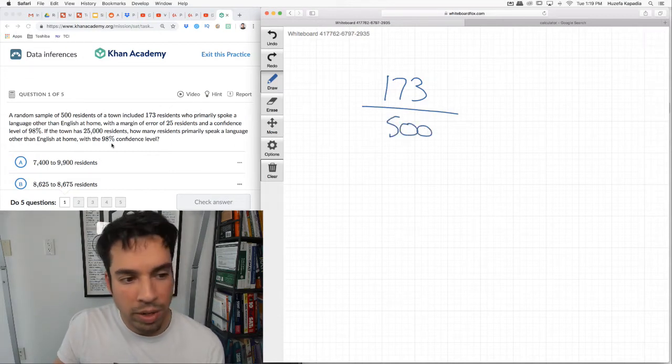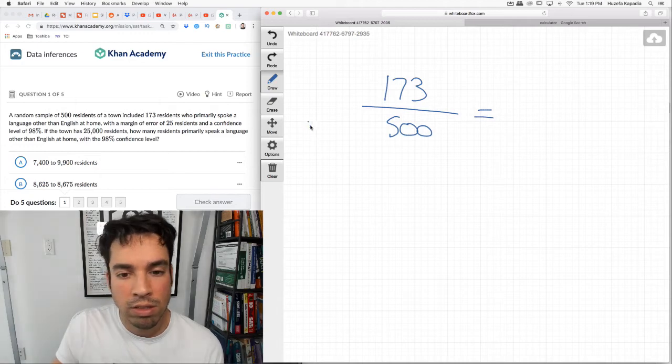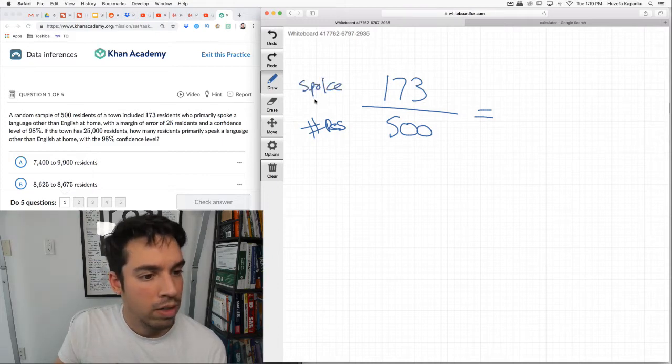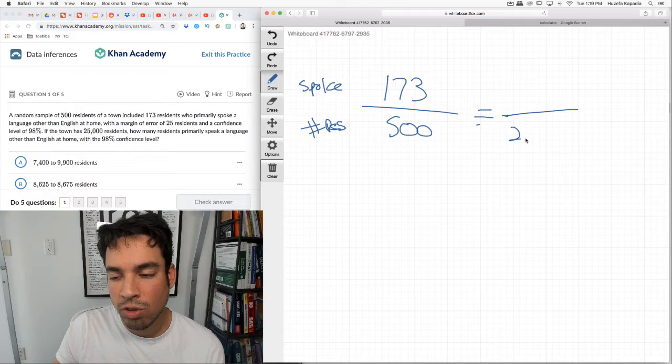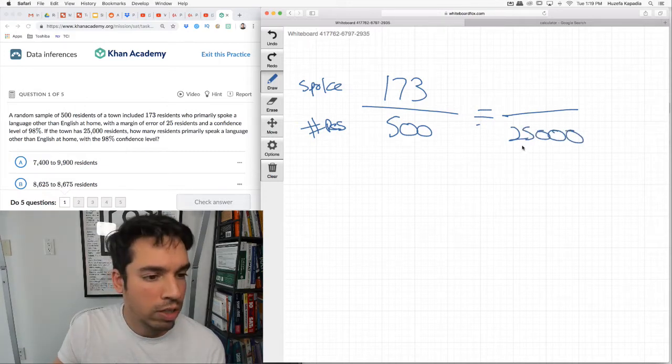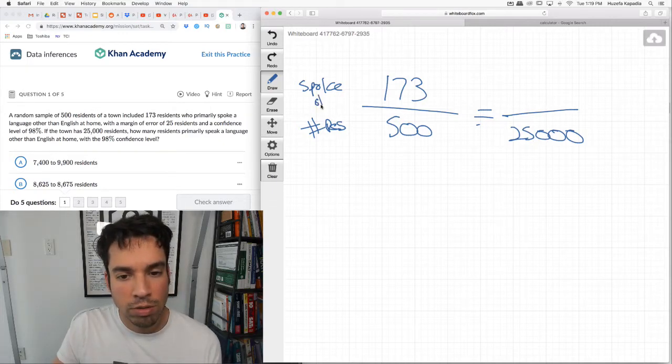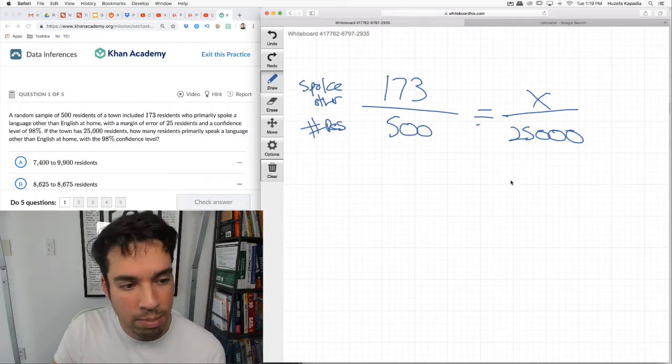This is a calculator, by the way. If the town has 25,000 total residents, I'm immediately setting up a ratio like this. How many residents primarily speak a language other than English? So this is spoke other, right? And that's what we're solving for with a 98% confidence level.